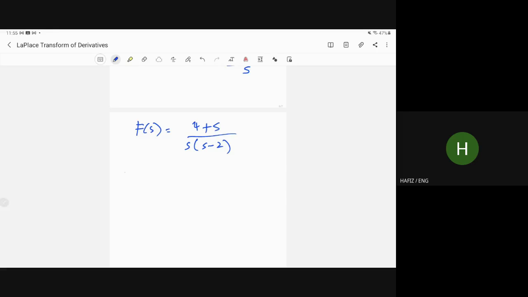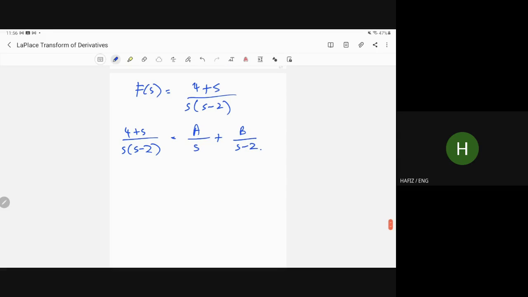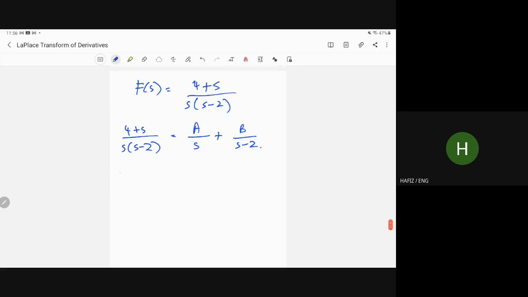So anyway, from here we use partial fractions. So we have A over s and B over s minus 2, right? So what we're going to use is called the cover up method.